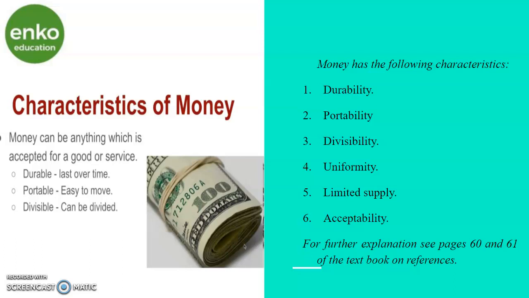Money is durable, portable, divisible, uniform, limited in supply, and acceptable as well. It's durable, it lasts over time, different from potatoes that could rot, tomatoes that could rot, or a chicken that could die while trying to trade.